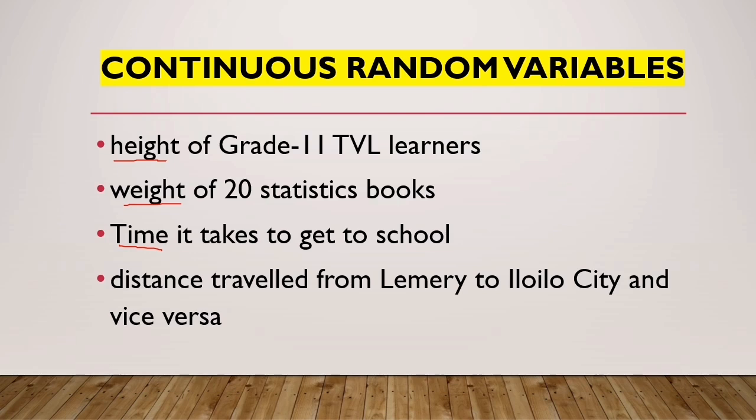It is continuous because you can have time as 1 hour and 25 minutes and 10 seconds and 2 milliseconds and so on and so forth. So it is continuous. Next is the distance, of course. The distance traveled from Lemery to Iloilo City and vice versa. These are examples of continuous random variables.